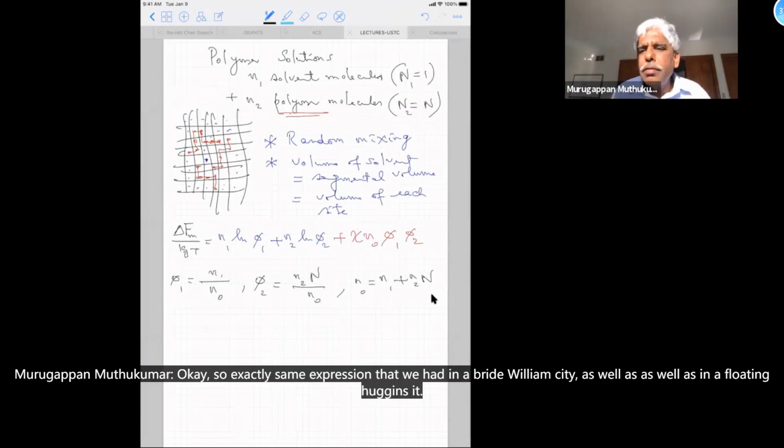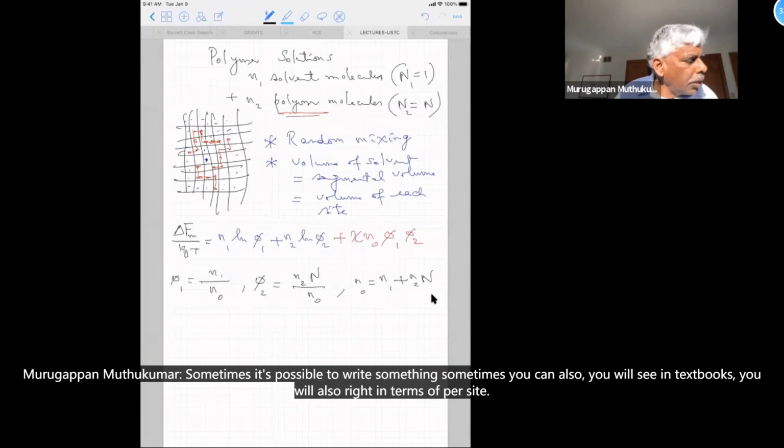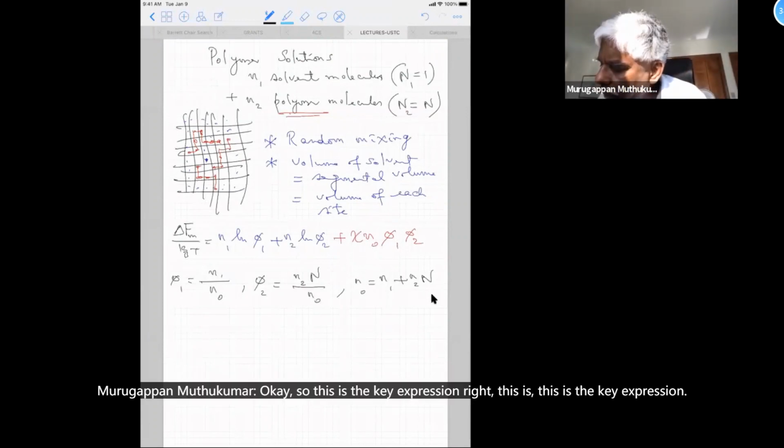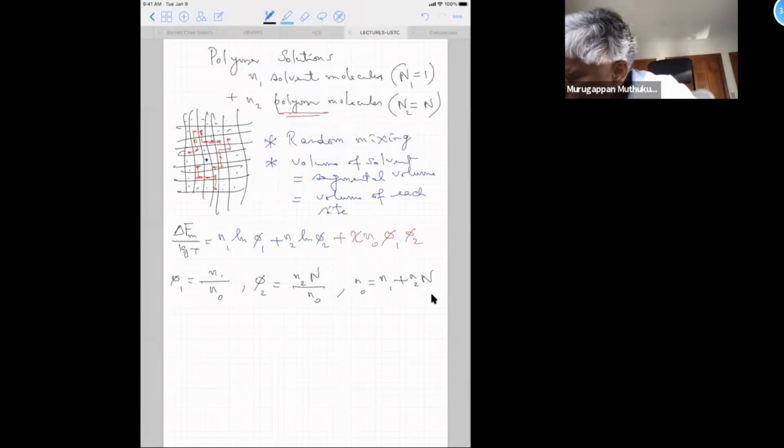So exactly the same expression that we had in the Bragg-Williams theory, as well as in the Flory-Huggins theory. Sometimes you will see in textbooks, you will also write in terms of per site. Okay, so this is the key expression, right? This is the key expression.